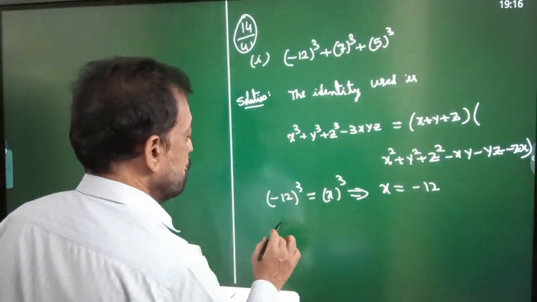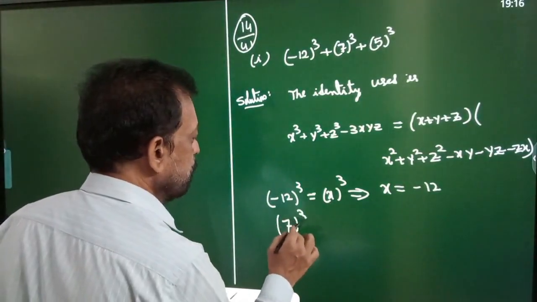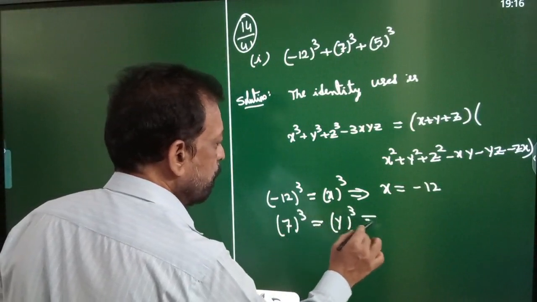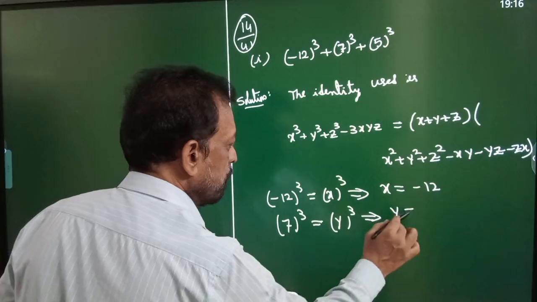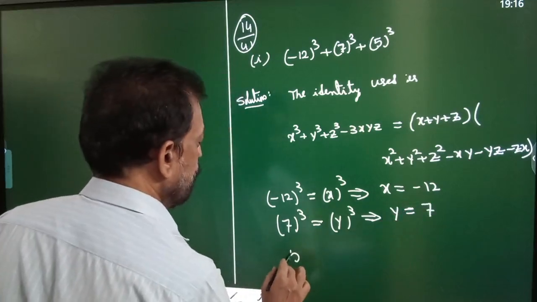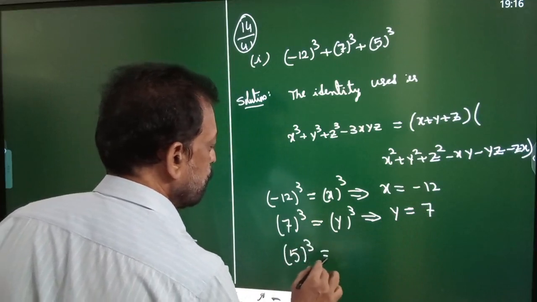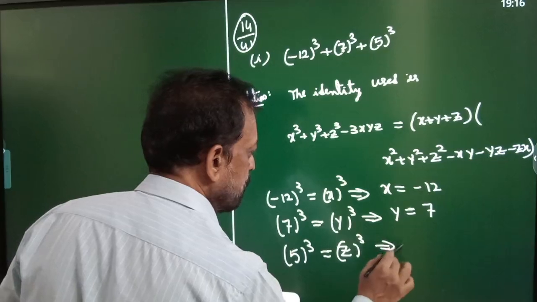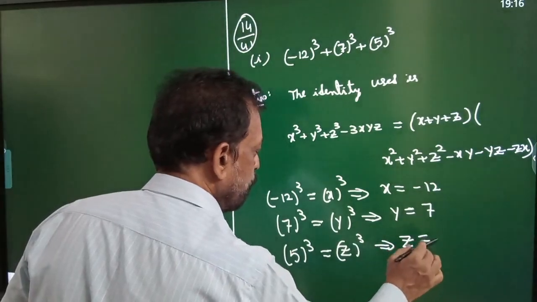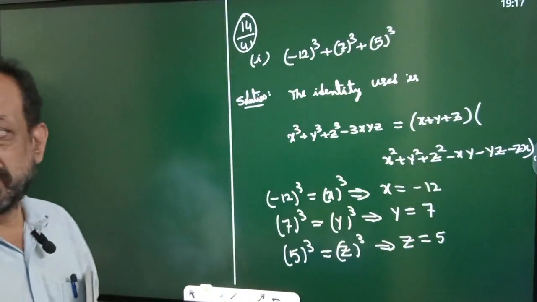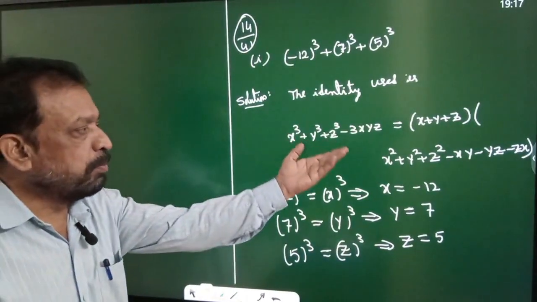Next, 7 whole cube is equal to y cube, so y is equal to 7. Next, 5 whole cube is z cube, so z is equal to 5. Then substitute here, simplify, get the value.